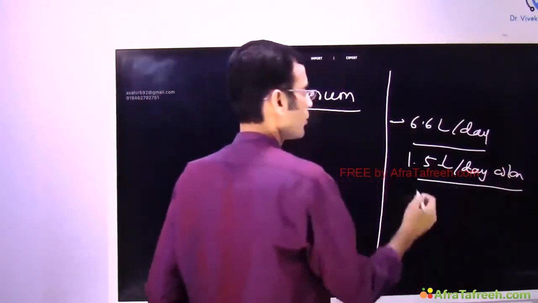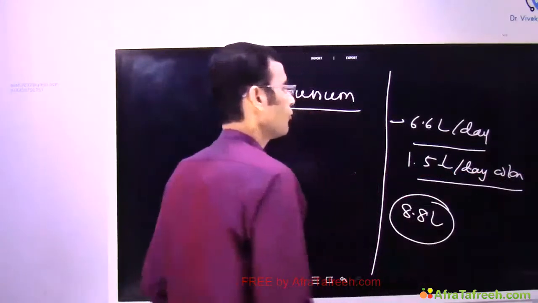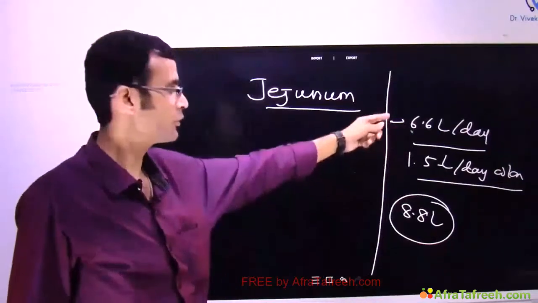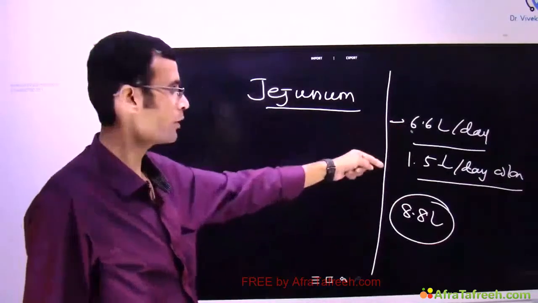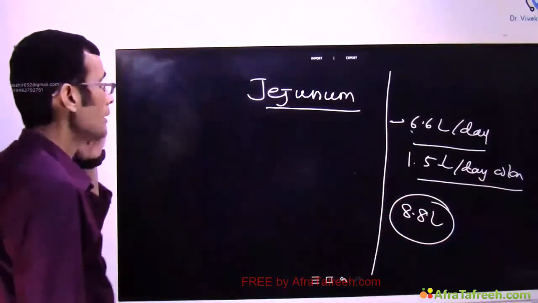That's about the water absorption. A total of 8.8 liters of water are absorbed per day. Out of this, these two are the major sites. Jejunum 6.6 liters, colon 1.5 liters. Remaining from the other places.